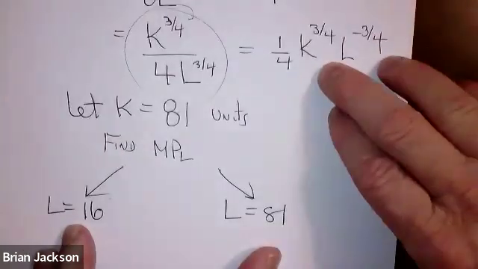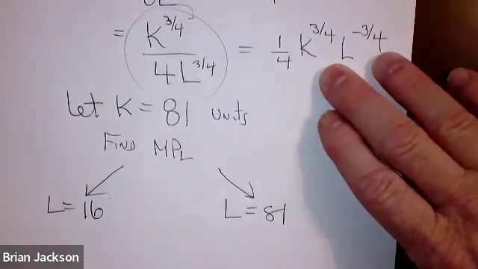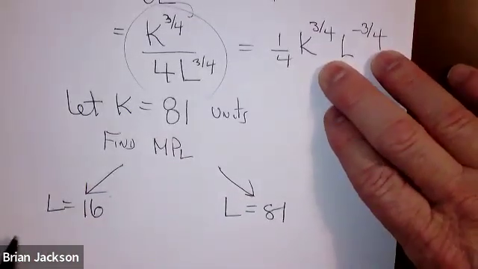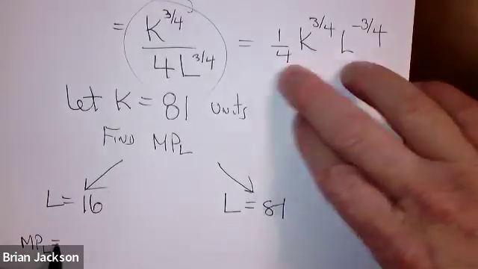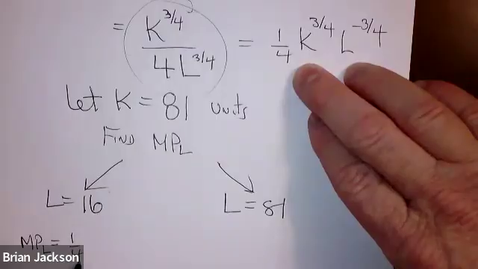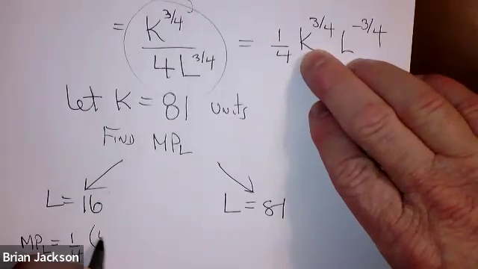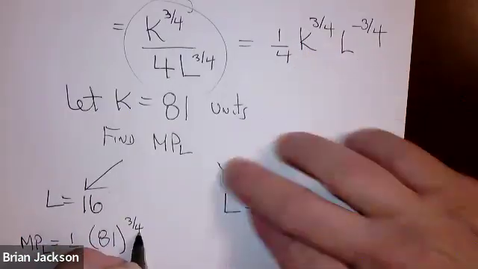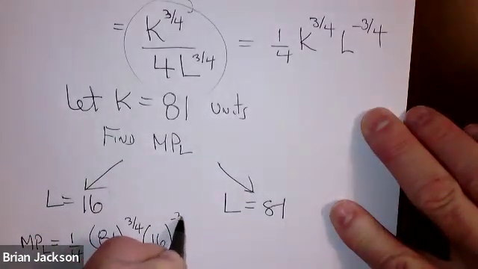Well, so you're going to use this formula here and evaluate it at these two different combinations for K and L. So over here, the marginal product of labor is 1/4 or 0.25, K, which is 81 to the 3/4, L, which is 16 to the negative 3/4.